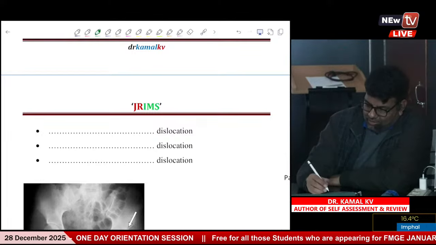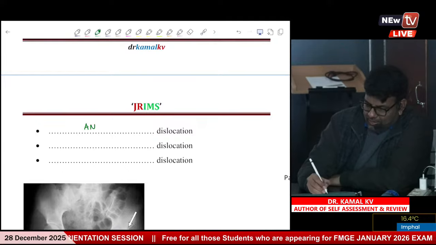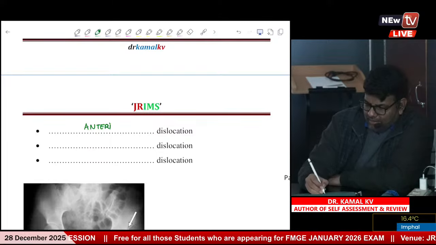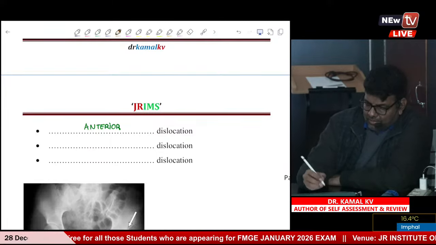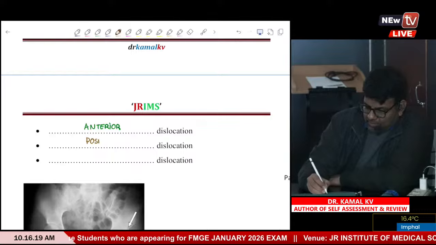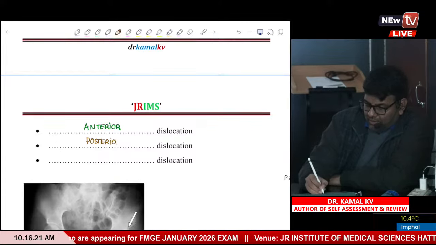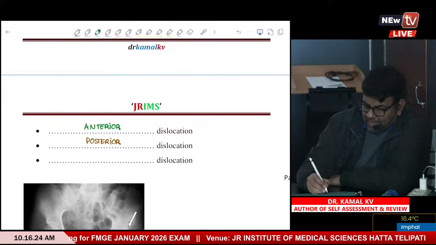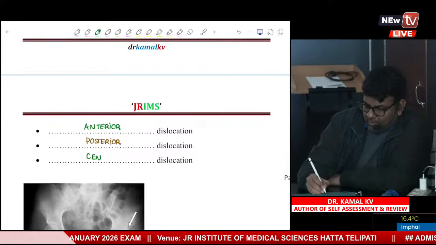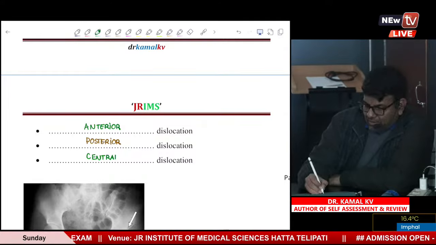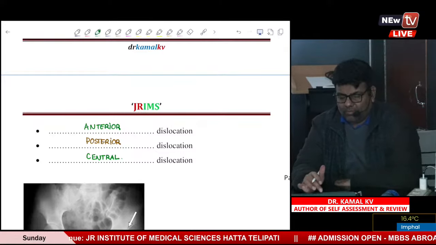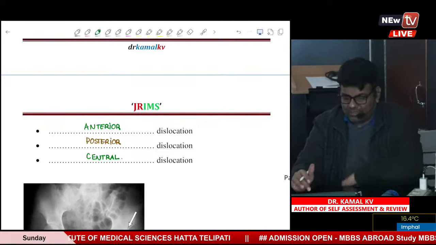So there are three types: anterior, posterior, and central.